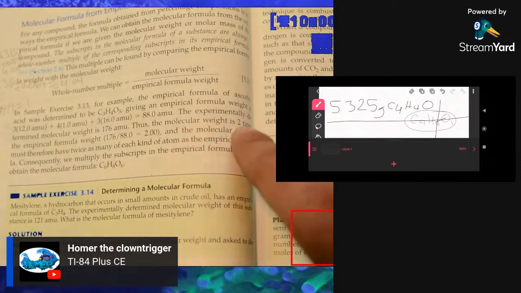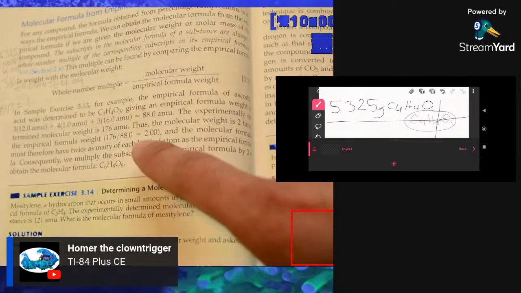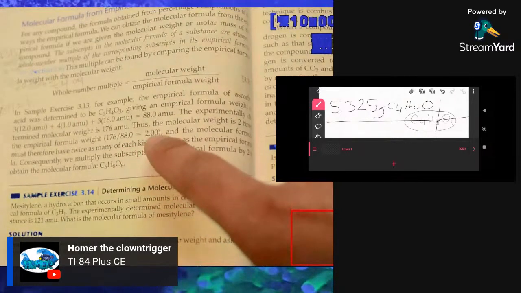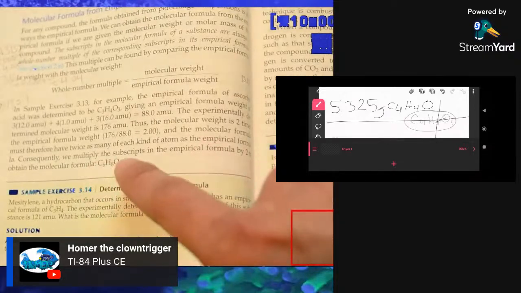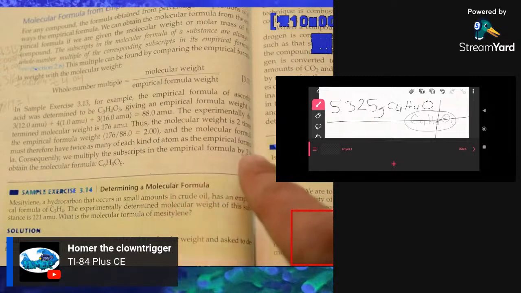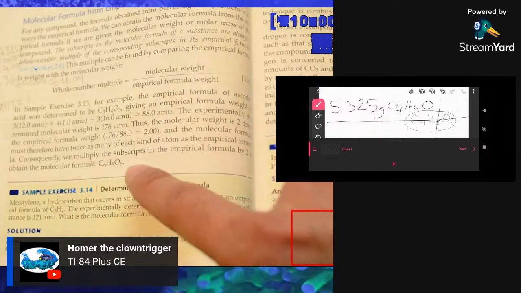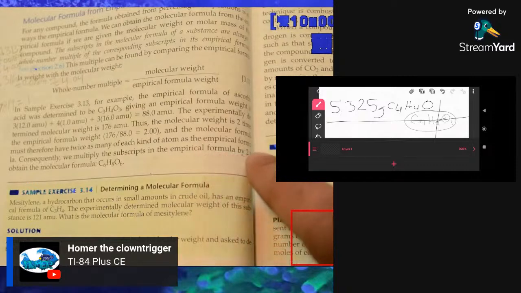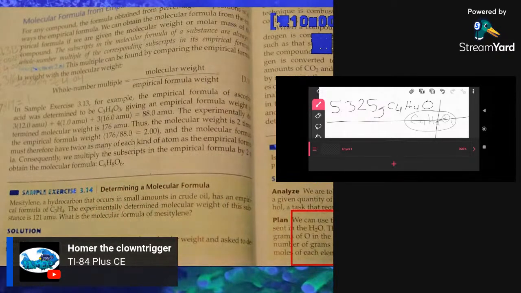This molecular weight is 2 times the empirical formula weight: 176 divided by 88 equals 2. The molecular formula must therefore have twice as many of each kind of atom as the empirical formula. Consequently, we multiply the subscripts in the empirical formula by 2 to obtain the molecular formula C6H8O6.